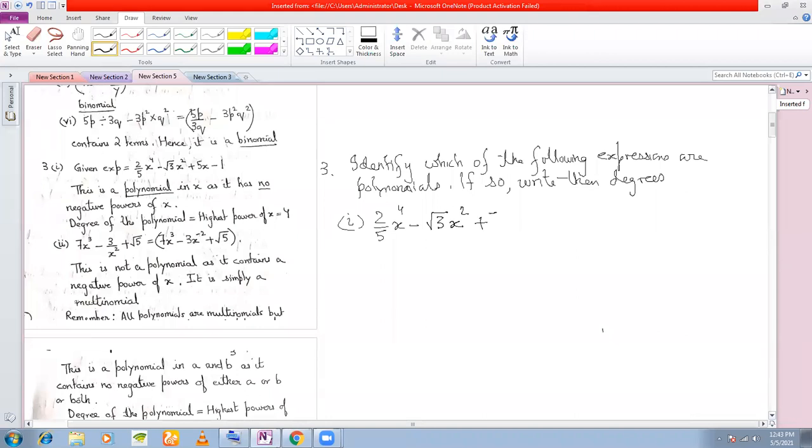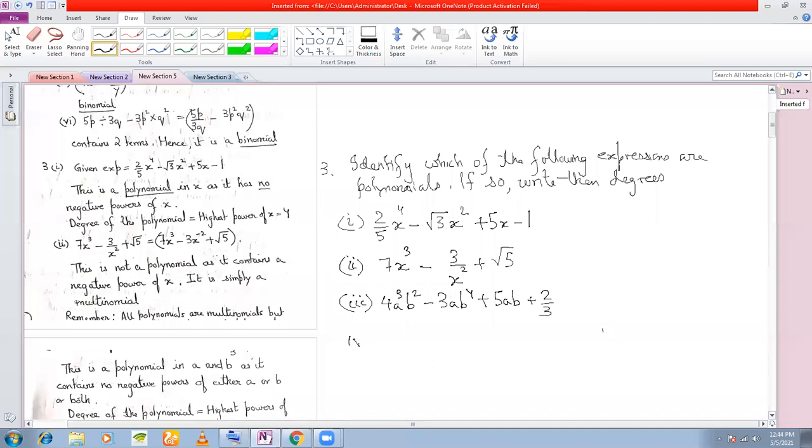Plus 5x minus 1. The first part of the question is that you need to identify whether each of these is a polynomial or not. Next is 7x cube minus 3 by x square plus root 5. The third one is 4a cube b square minus 3ab to the power of 4 plus 5ab plus 2/3.